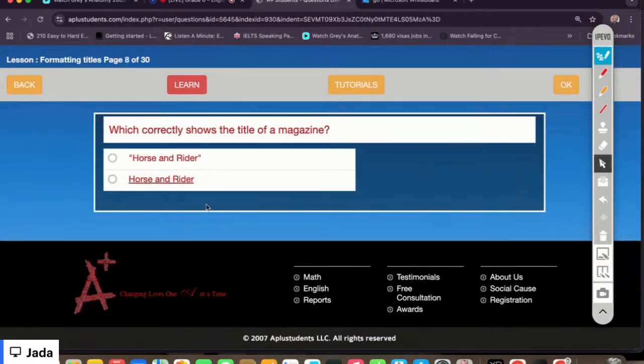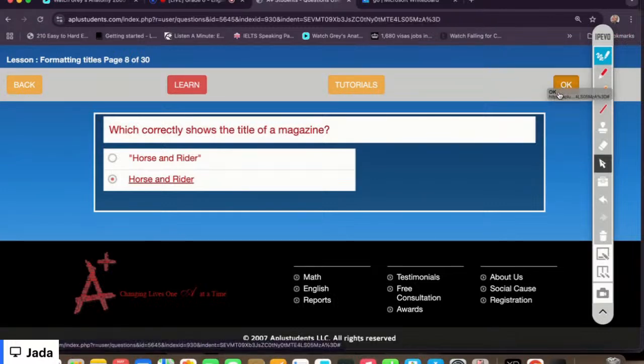All right, so magazine, Horse and Riders. Is it the first or second? All right, so we have the underlined one.